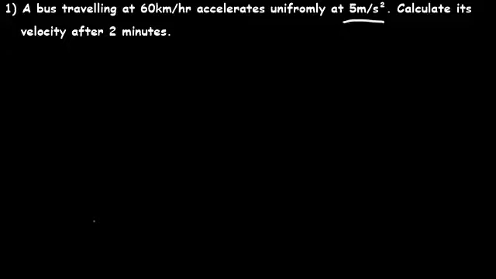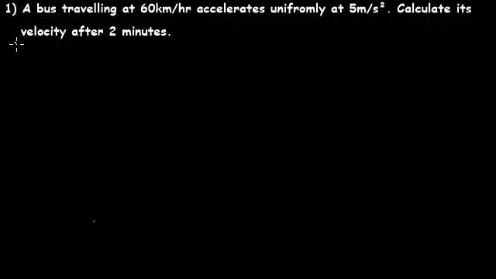Now the acceleration is in meters per second squared, so it is important for us to convert this velocity into meters per second. The time is also in minutes, so we are expected to convert it to seconds.